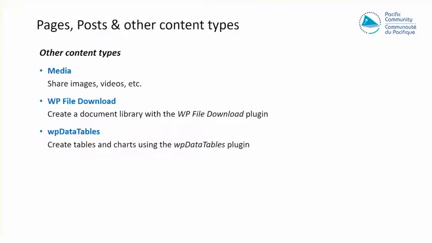And data tables, this might not be for everybody, but it's a great way to create tables and integrate them in pages. And if you want, you can also create charts from there, from tables.